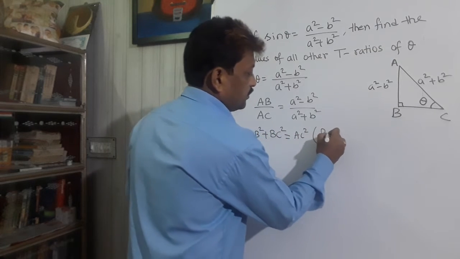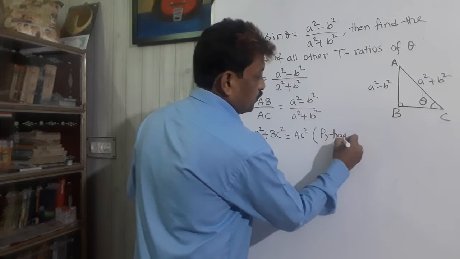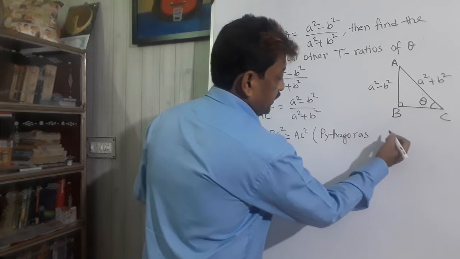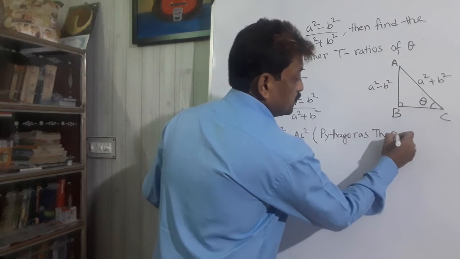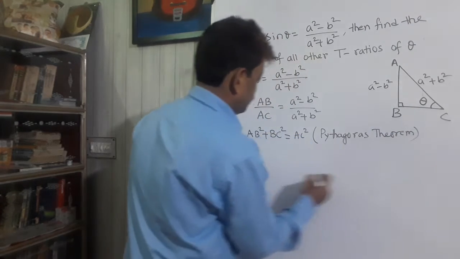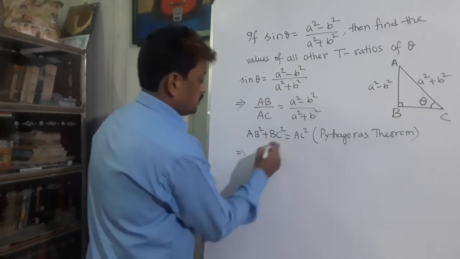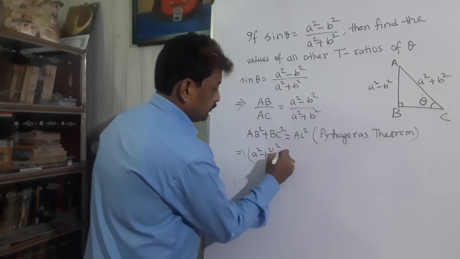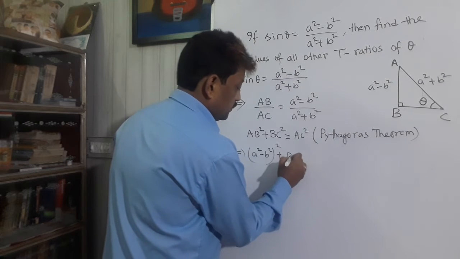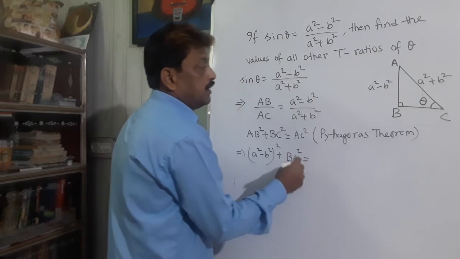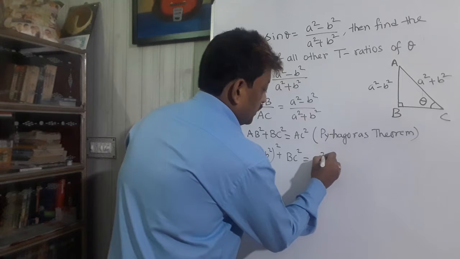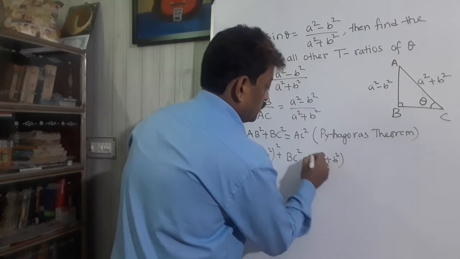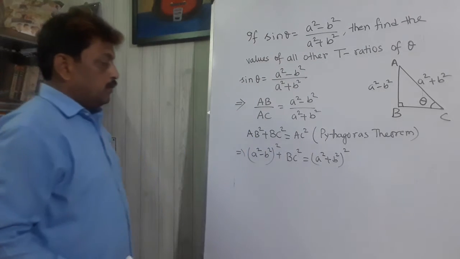This is Pythagoras theorem for a right angle triangle. Now AB square means (a square minus b square) whole square. BC square is not known, so let it be like that. AC square is (a square plus b square) whole square.